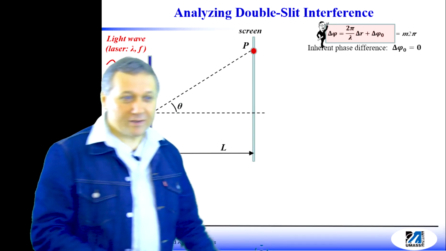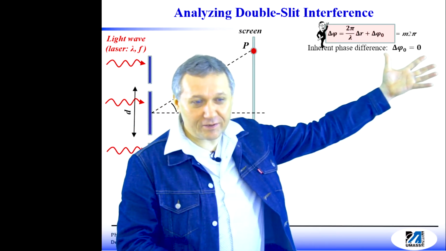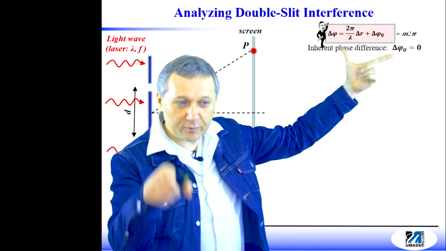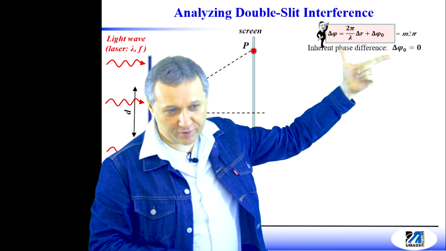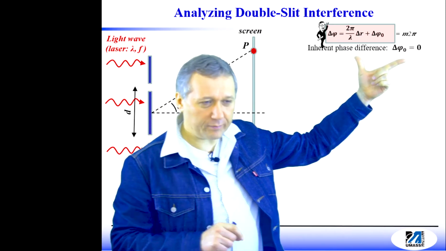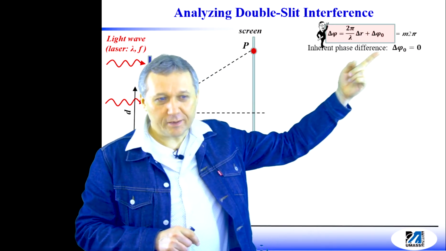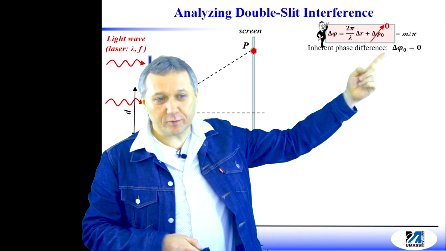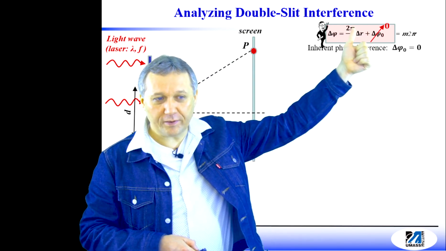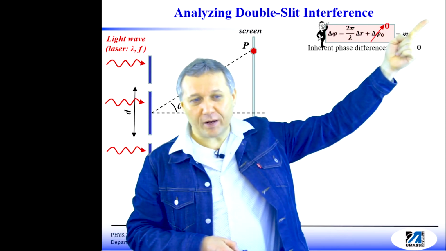Okay, so if the inherent phase difference is 0, of course we can simplify this condition. And again, we've done it in our previous recitation class, right? You've done it. So if delta phi naught is 0, we can dump this term, and as a result we can cancel 2 pi over here and 2 pi on the right-hand side.